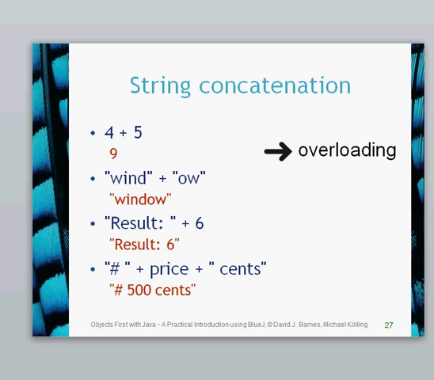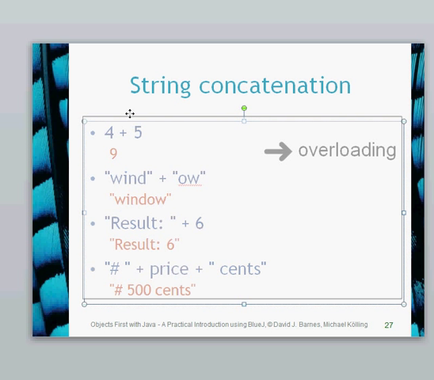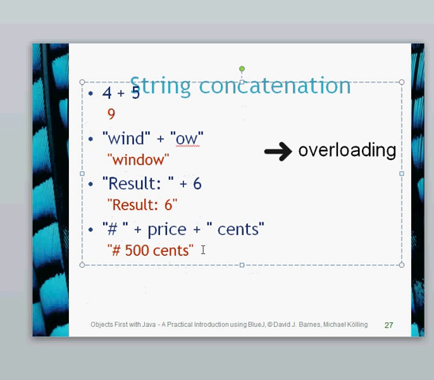We can also use concatenation in a slightly different way, and I'll show you that on this slide. If we did a System.out.println of 3 plus 4 plus " is a number", the output would be "7 is a number".